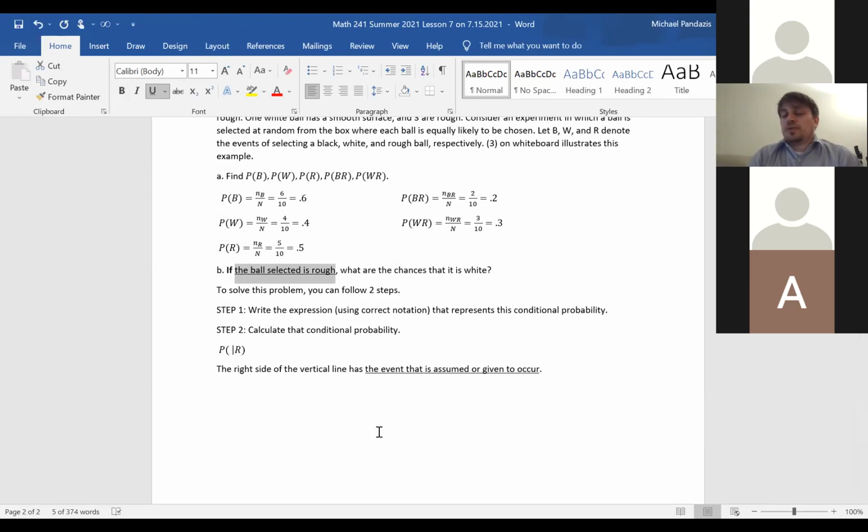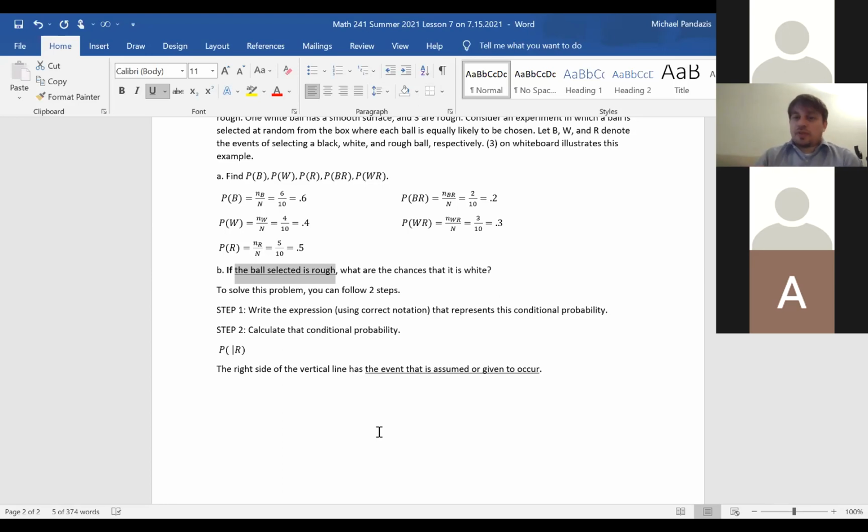So take this sentence: if it rains today, then I will get wet when I go outside, right? So the assumption is that it's going to rain. If it is going to rain, then I'm going to get wet.